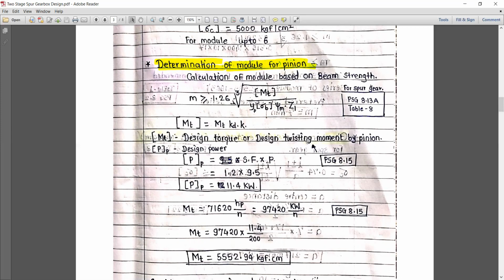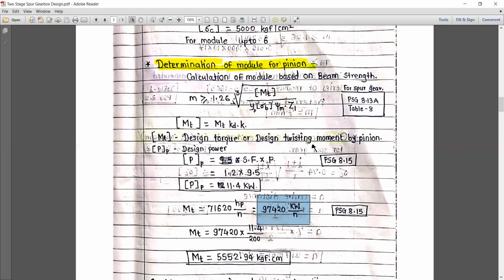For that, referring to page number 8.55, MT is equal to 71620, this is the equation we have to use. For that we first need the design power. Design power is equal to service factor times the given power. Here the given power is 9.5 kilowatt, multiplied by 1.2 service factor, so our design power becomes 11.4 kilowatt.